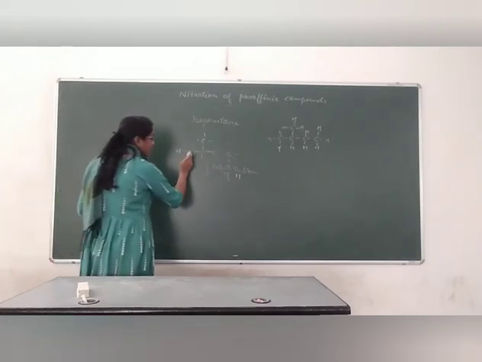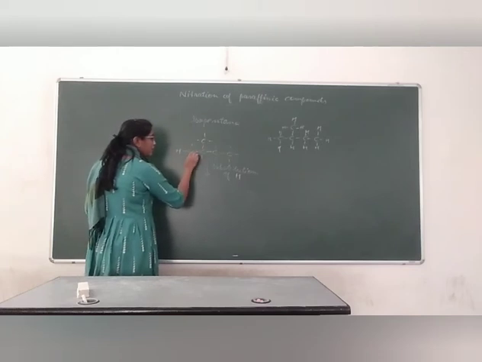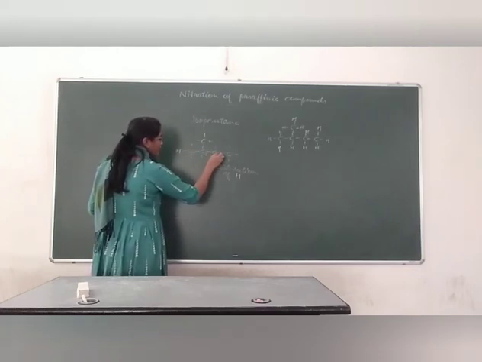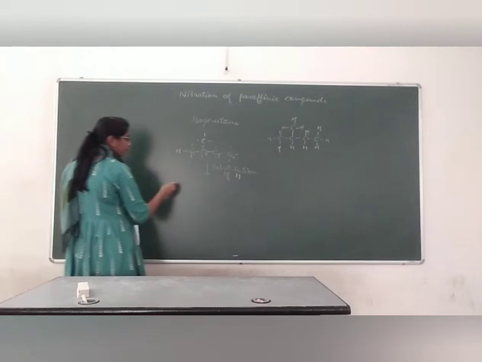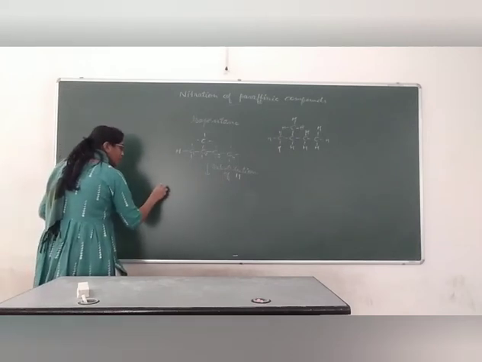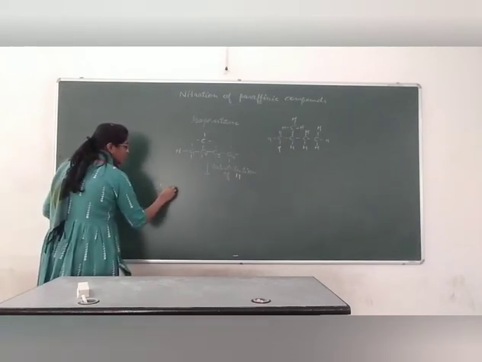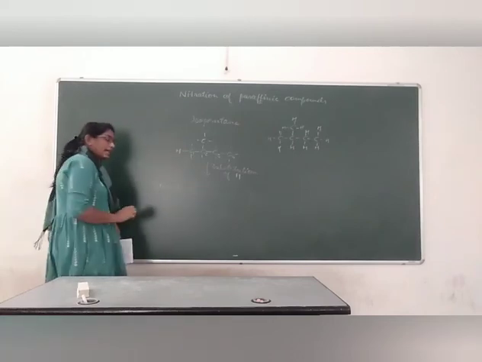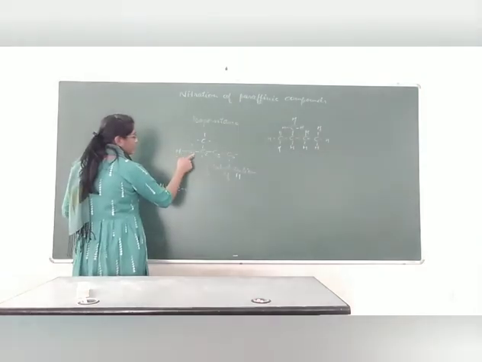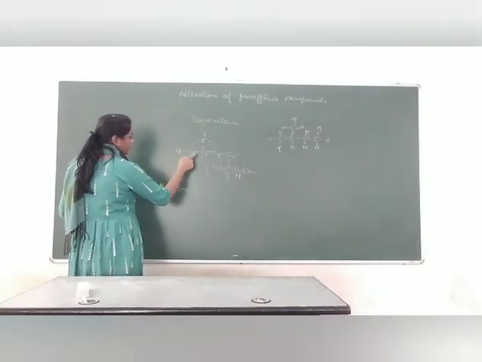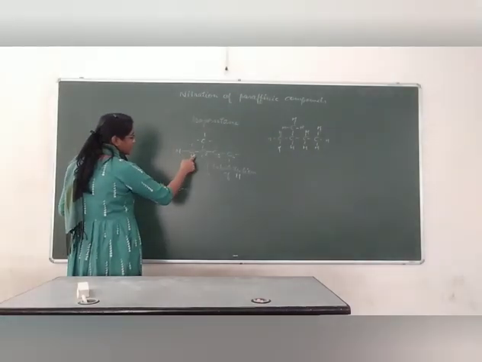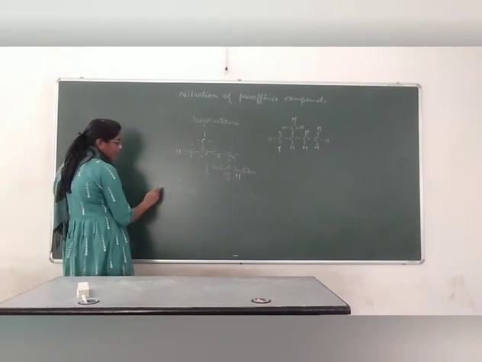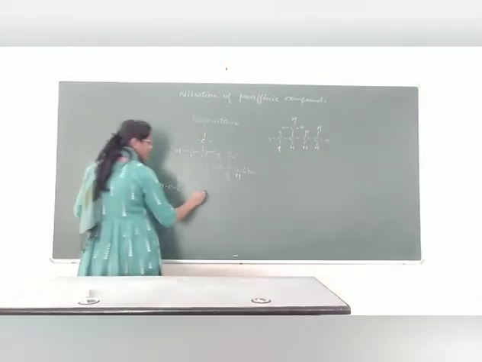If the hydrogen on carbon number 1 is replaced by a nitro group, then I am writing a product here: NO2, C, C, C, like this. Here the hydrogen attached to the C1 carbon is substituted by the nitro group, right?